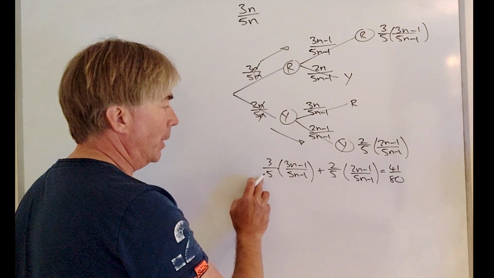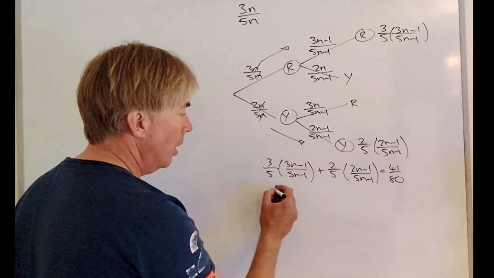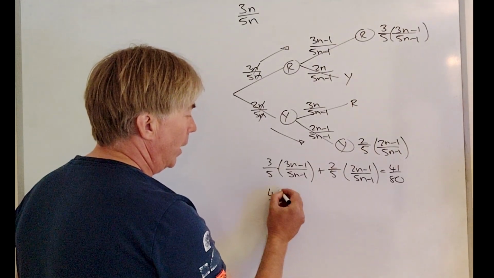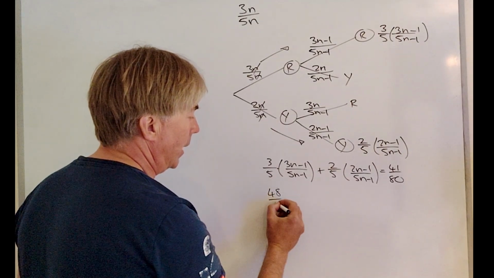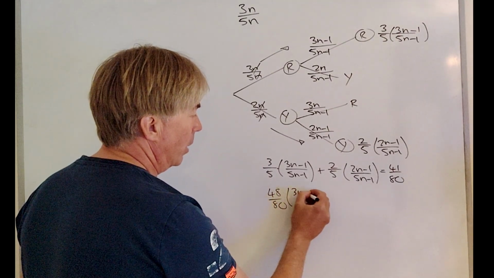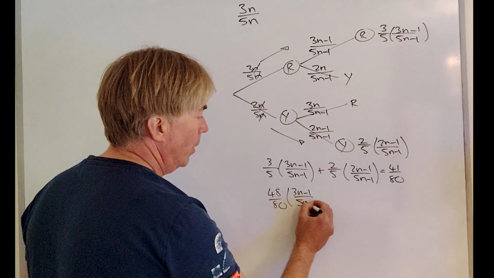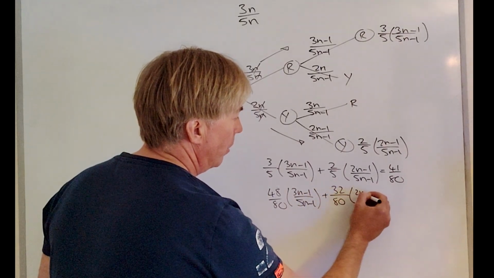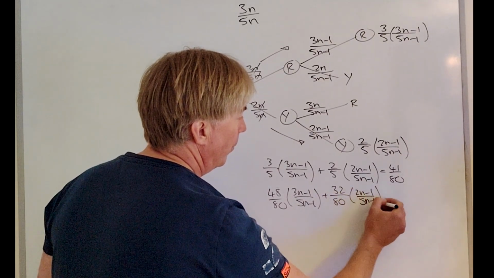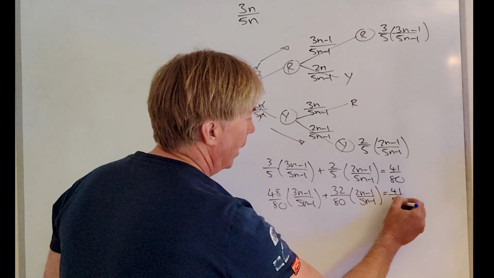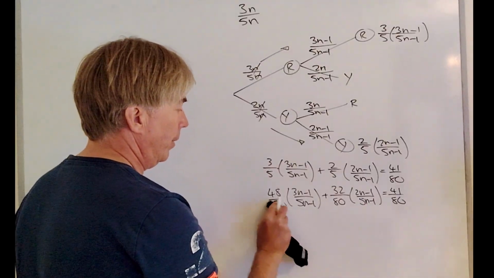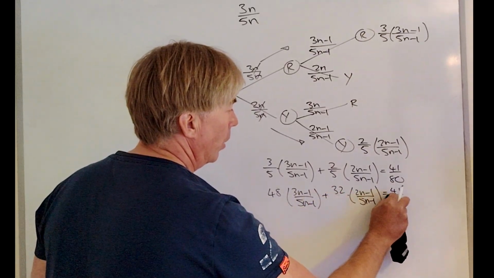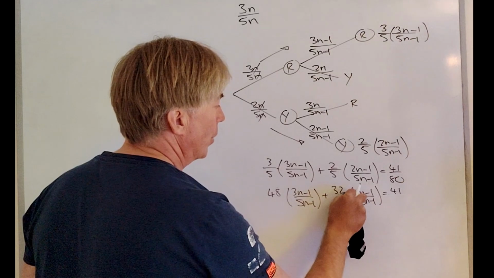So we're going to multiply top and bottom by 16 in the first fraction and by 16 in the second, so we end up with 48/80ths times 3n minus 1 over 5n minus 1, plus 32/80ths times 2n minus 1 over 5n minus 1, equals 41/80ths. And now we can just literally cancel, in this case rub out, my 80ths. And I've got a slightly nice looking linear equation.